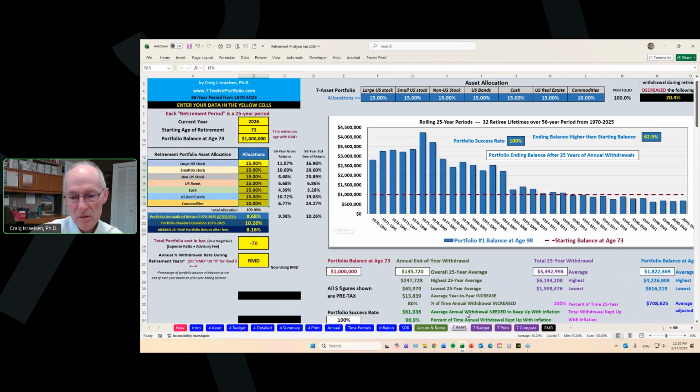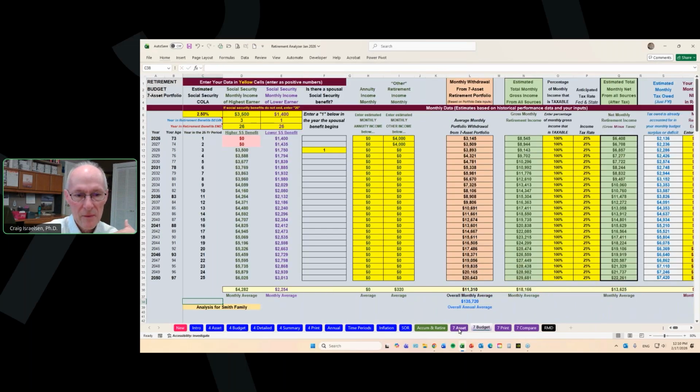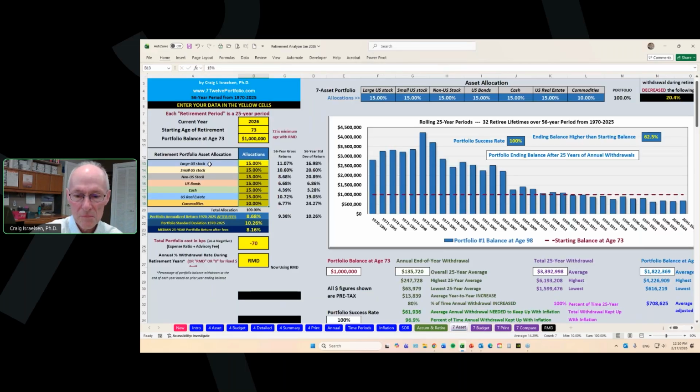And then new this year is the 7 asset budget tab. I don't know why it took me so long to introduce it, but it's the same approach as we just saw with the 4 asset portfolio budget tab, but now it's drawing the portfolio withdrawals from the 7 asset portfolio.